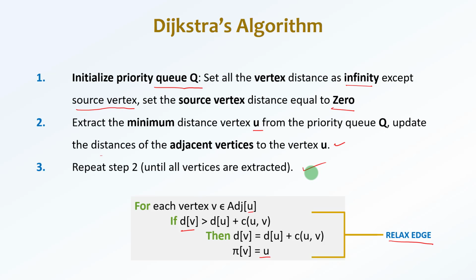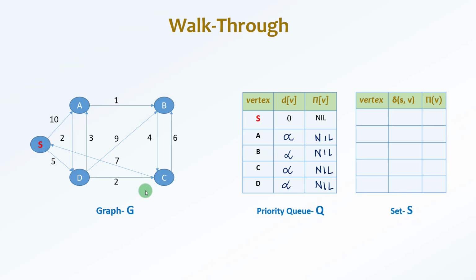Next, we are going to dry run the algorithm using our example graph. Consider this is our example graph G, and this is our source vertex S, and we have to find the minimum cost path to all the remaining vertices from this source vertex S. This is the initial value of the priority queue, and we implement the priority queue using the minimum heap data structure.